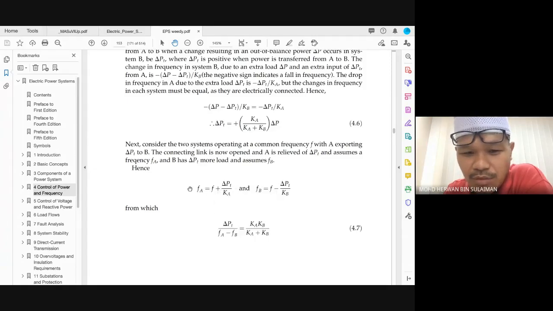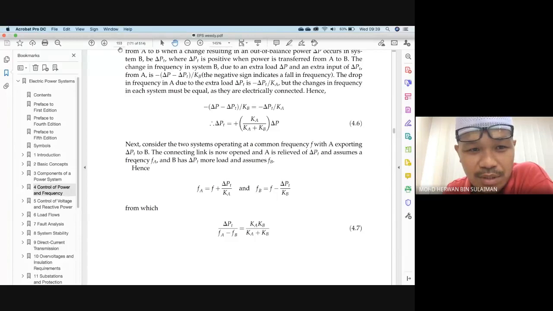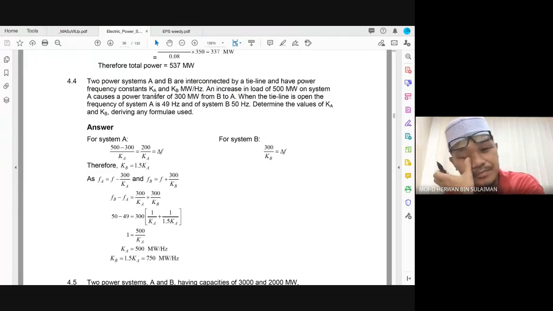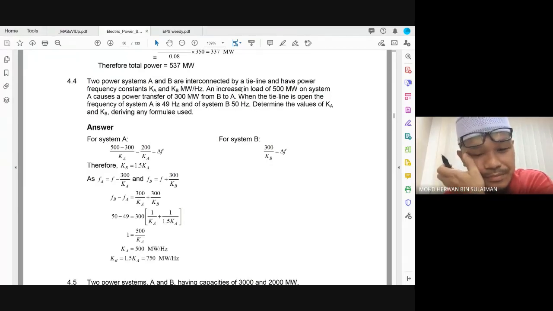Okay, and then you can analyze. So this question basically is, firstly, the load change happens at area A, 500, right? Increase load, so that's why it has to be subtracted here. If the load decreases, then you have to add.